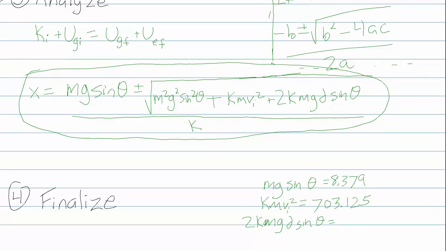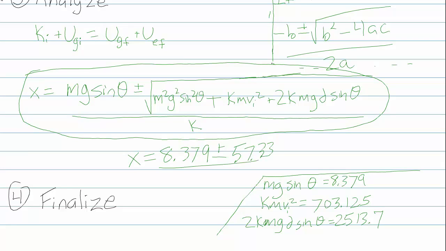So when we do all that out and we plug in for our numbers, we get x equals 8.379 plus or minus 57.33 all over 500, just k.